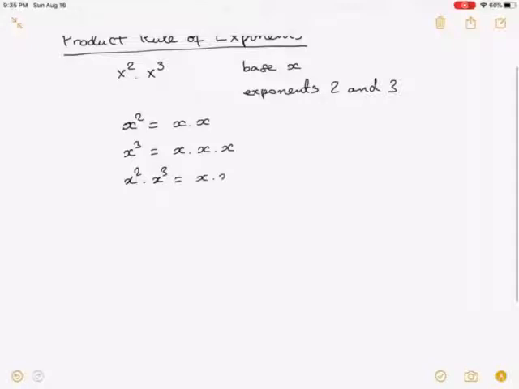We will have that x squared times x cubed is x times x, 2 factors, times x times x times x, 3 factors.